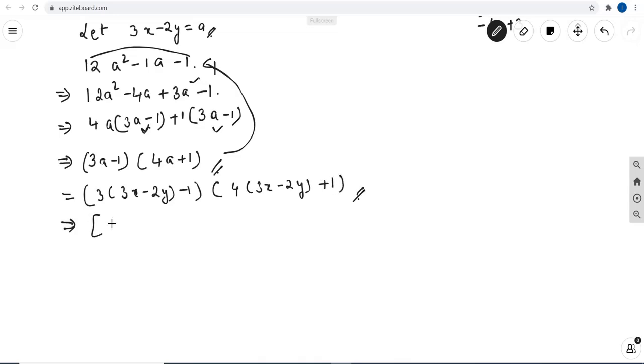This becomes 9x minus 6y, okay, minus 1. Okay, this is one term. One more term is 4 3s are 12. 12x minus 8y plus 1. Okay, so this is one more term. So this is the solution.